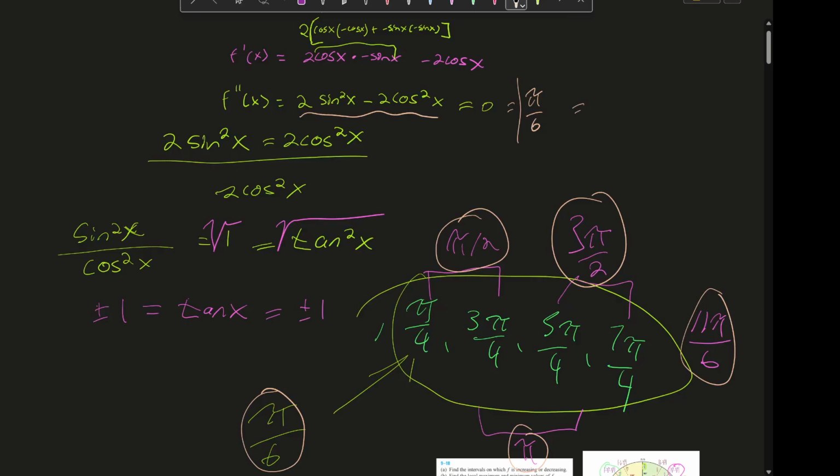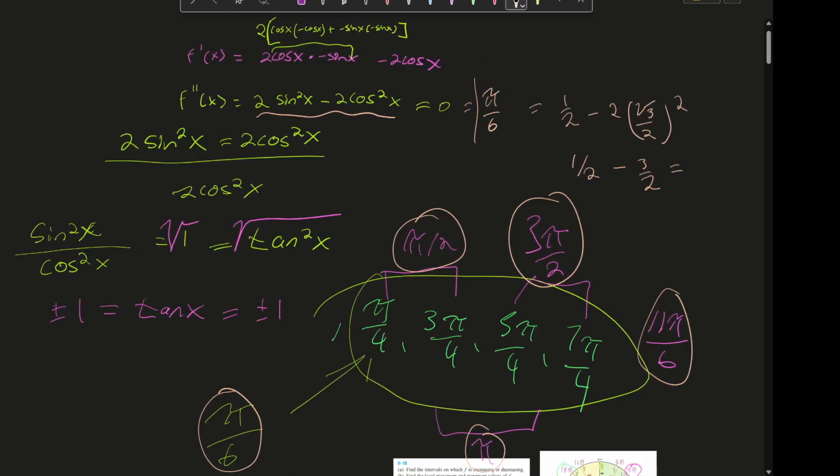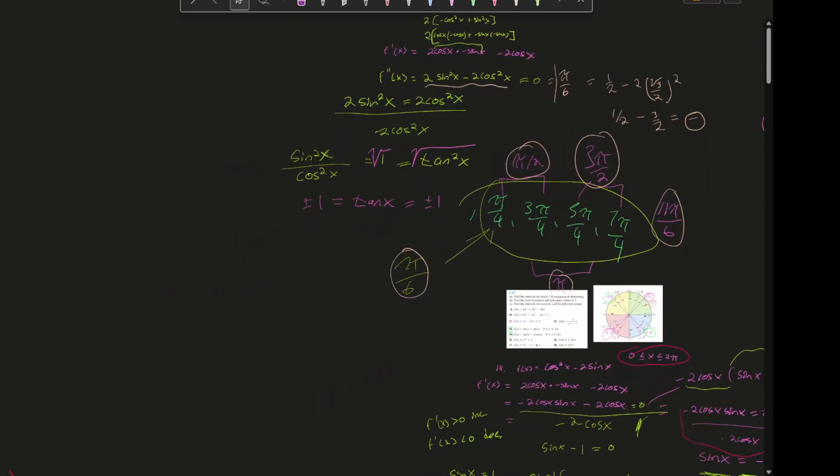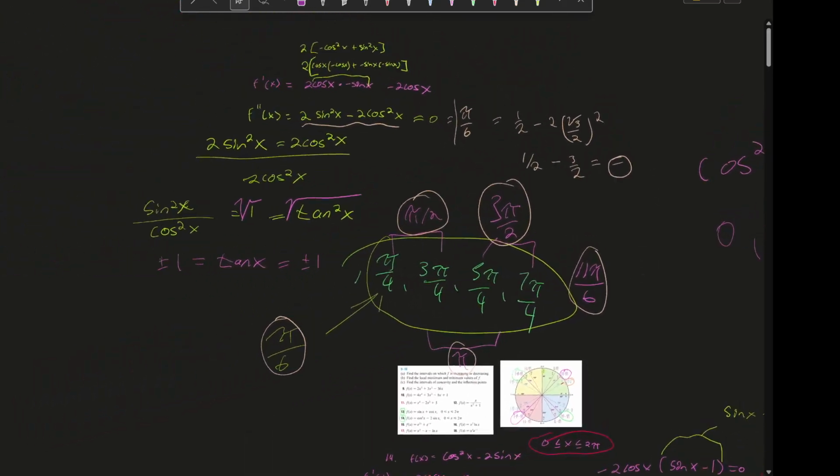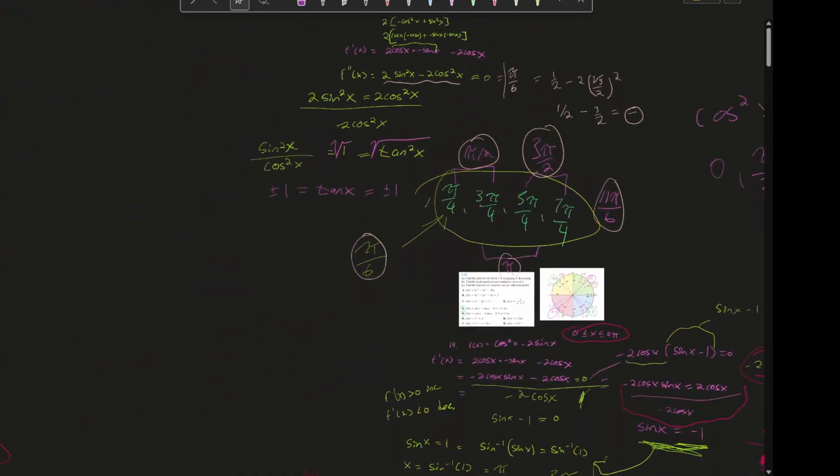Square that, 1/4, times 2. 1/2 minus 2 times root 3 over 2 squared. 1/2 minus, those 2's cancel, so you get 3 over 2. This is negative. That's negative. Right?